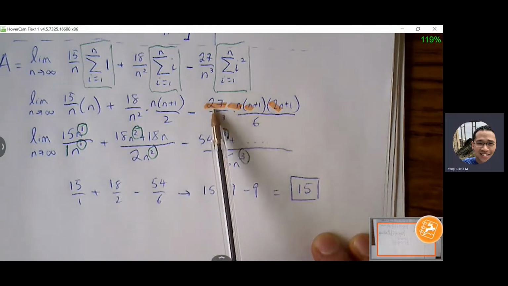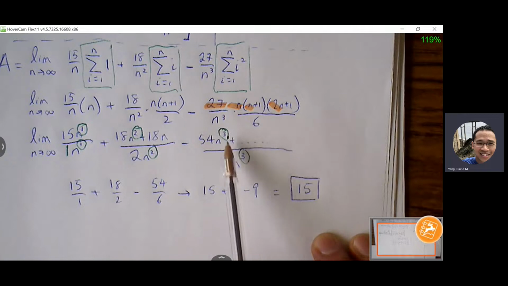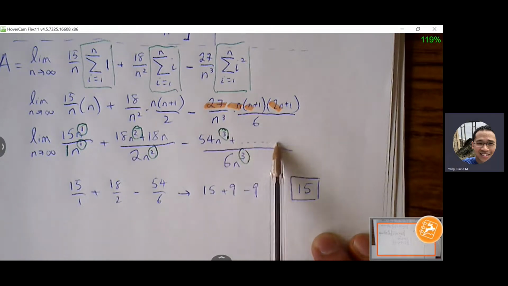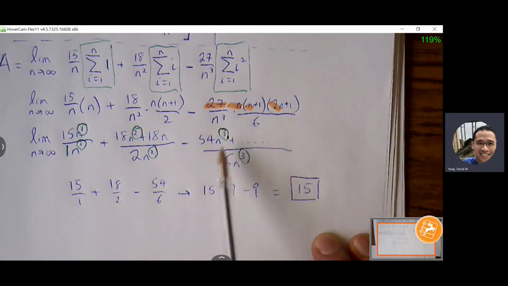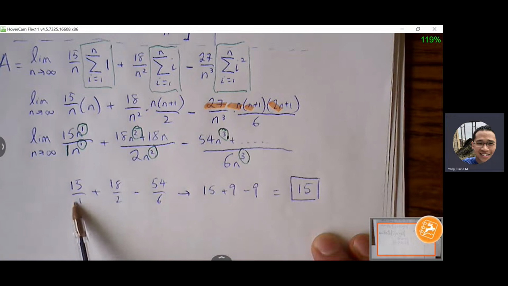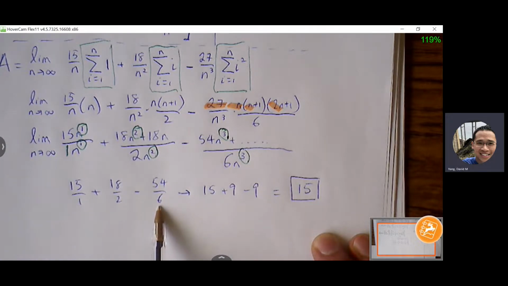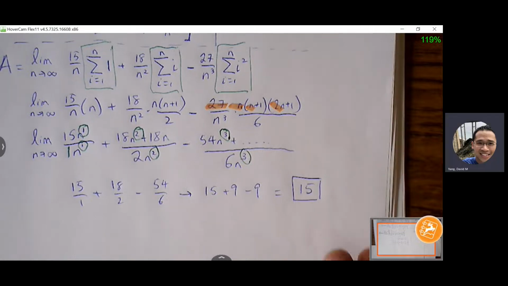And the third fraction, the 27, the n, and 2n will give us 54n cubed. There are more terms with lower degrees, but we know those will drop out. That's all we need, 54 over 6. So we're left with 15 plus 18 over 2 minus 54 over 6. We get 15, and 15 represents the exact area of that shaded region.